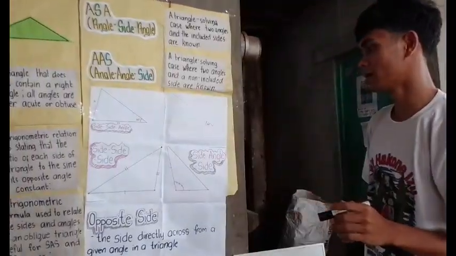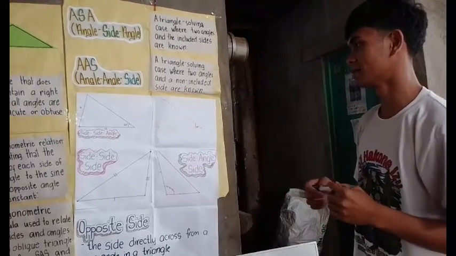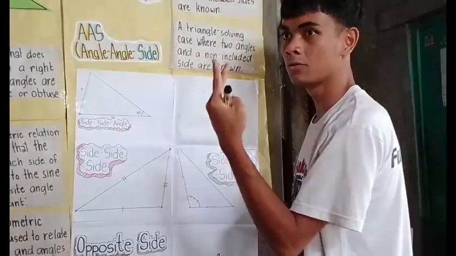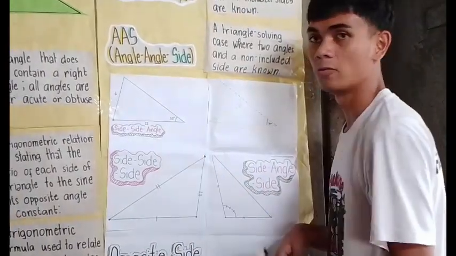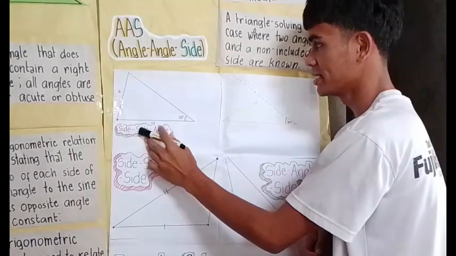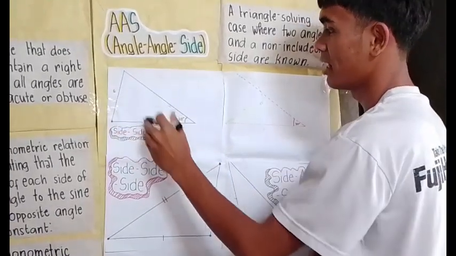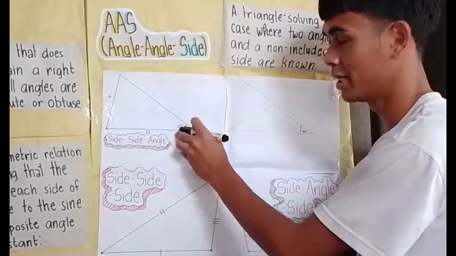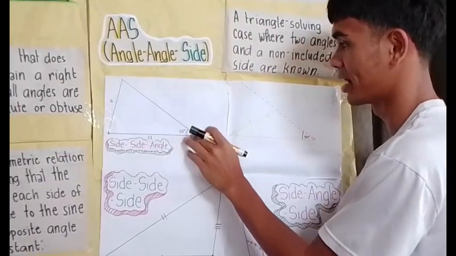Now let's move on to side-side-angle. SSA includes the measurement of two sides and one angle. Like in this example, we have 6 and 11 for the sides and 30 degrees for the angle.